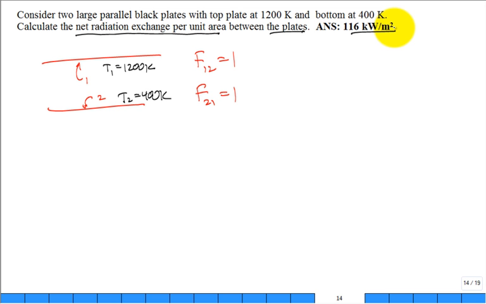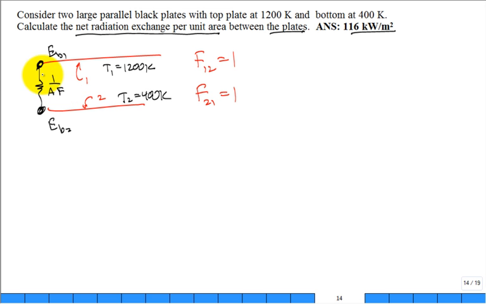That's the answer. Well, I'd set up a little radiative network. I'd put a node here and a node there, and I'd put a little resistance in between. What is that node? EB1, EB2. This is a geometrical resistance, 1 over AF.